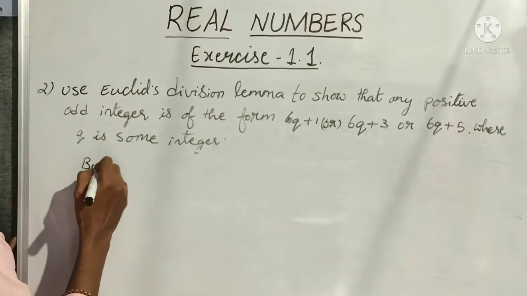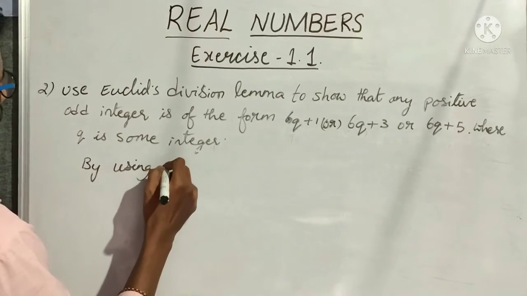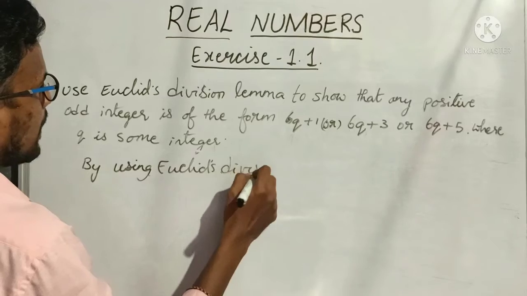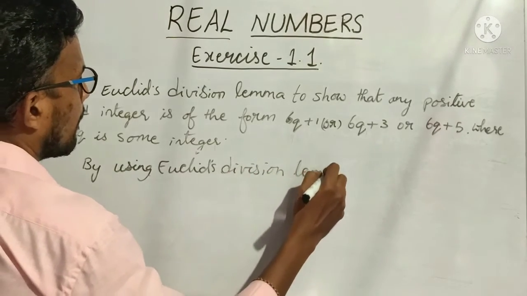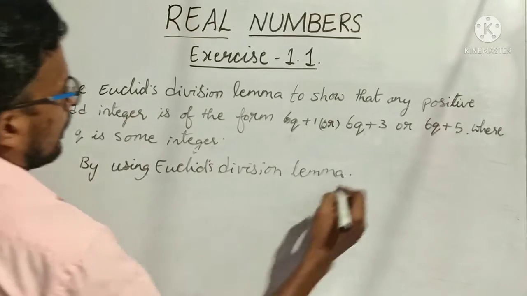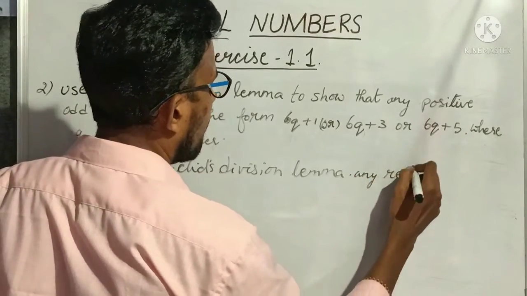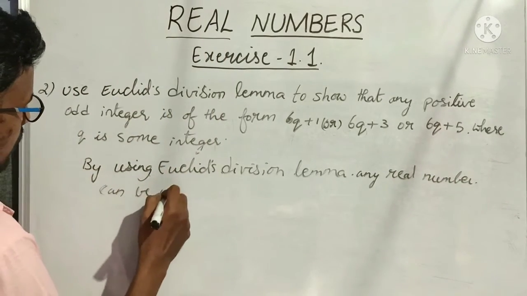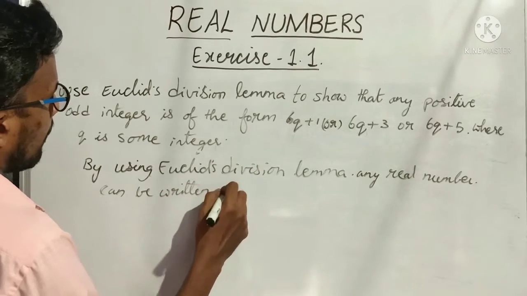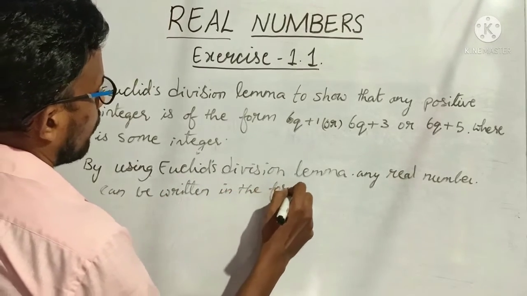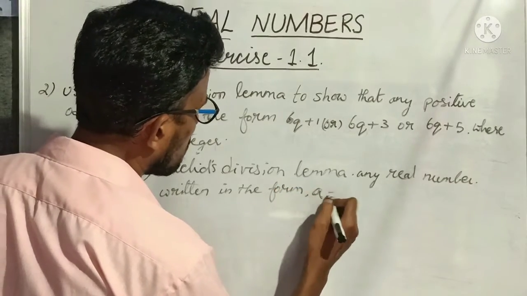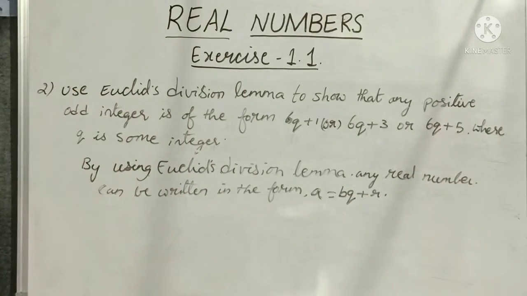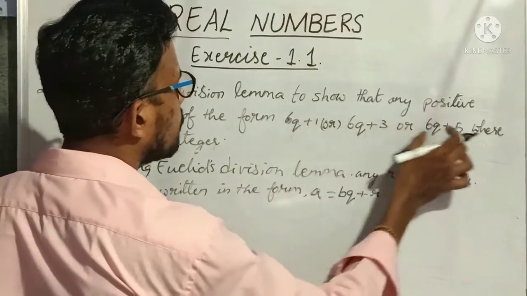So by using Euclid's division lemma, any real number can be written in the form a is equal to bq plus r.